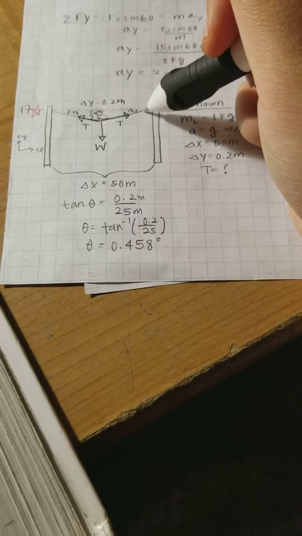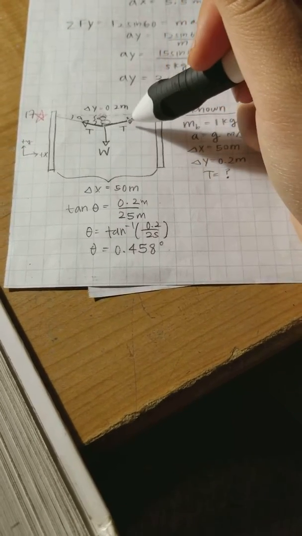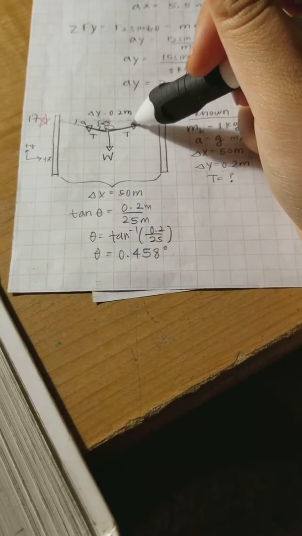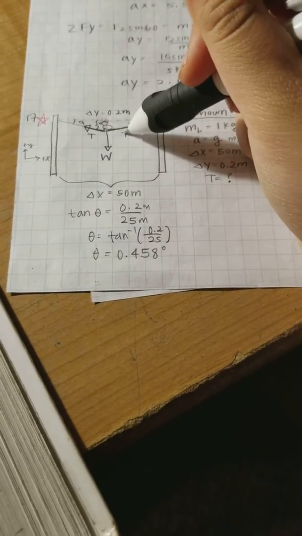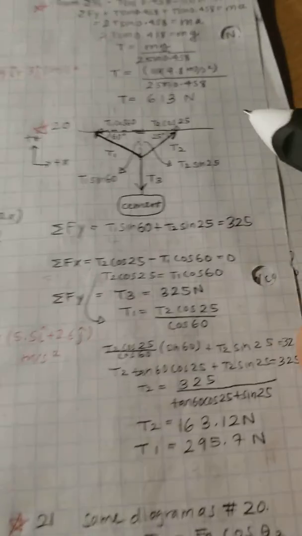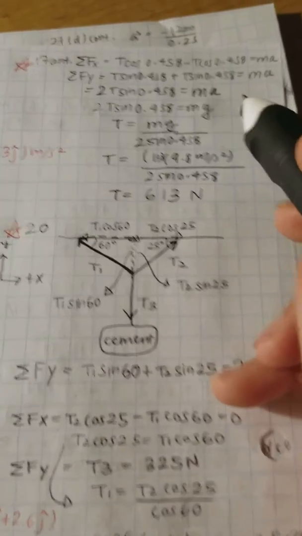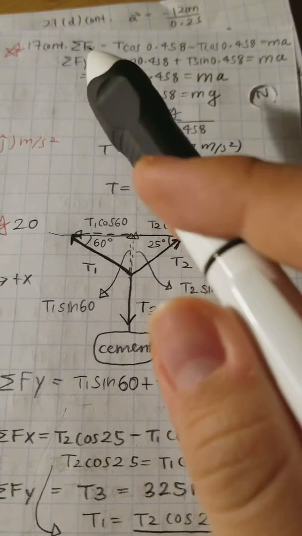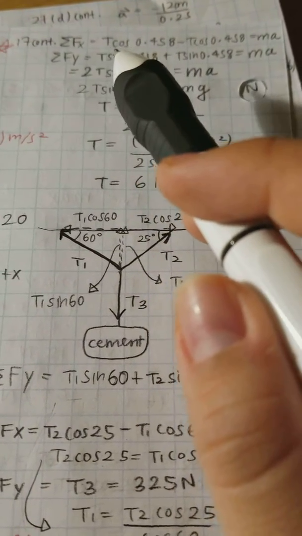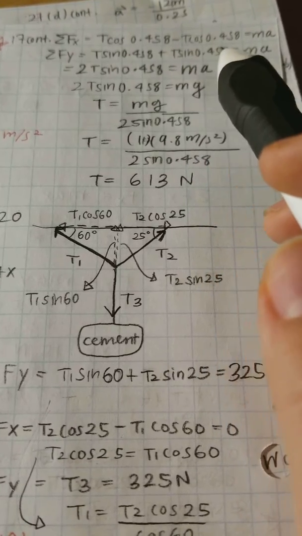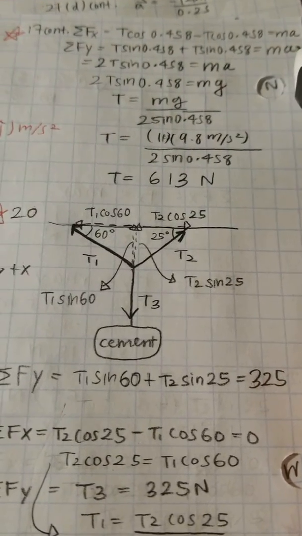So now you know what the angle is, and now you need to find the horizontal and vertical components of the tension. Keeping this diagram in mind, you can draw the force equations. For F of x, you get T cosine 0.458 minus T cosine 0.458 equals ma.